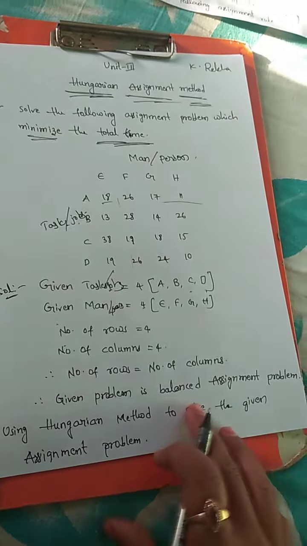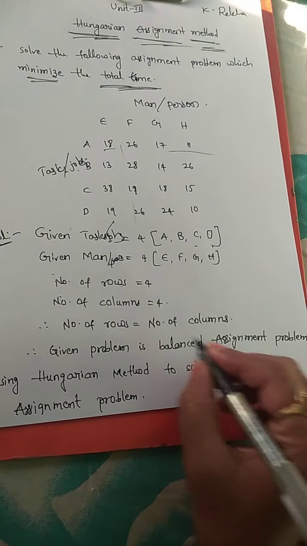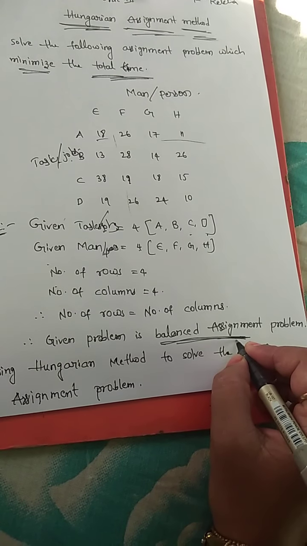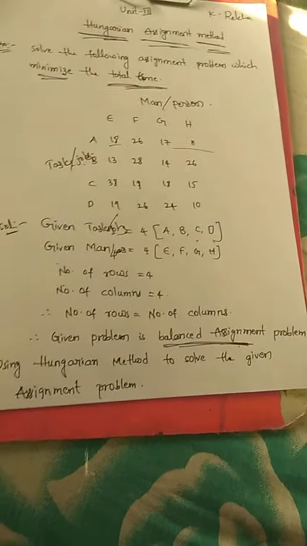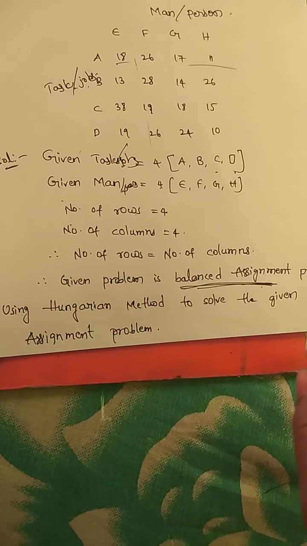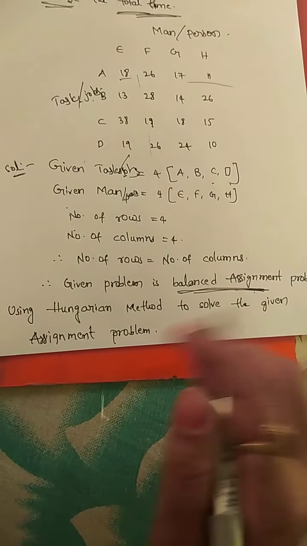Rows and columns are the same, so the given problem is a balanced assignment problem. If it is unbalanced, we have to add a dummy row or dummy column, but in this problem it is balanced, so we don't use a dummy row or dummy column.